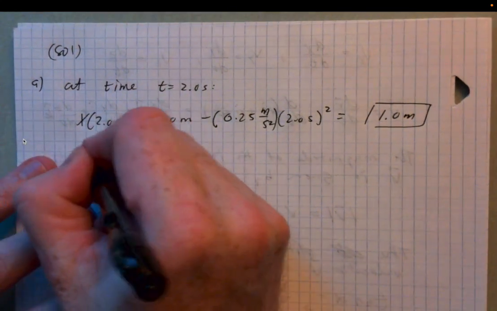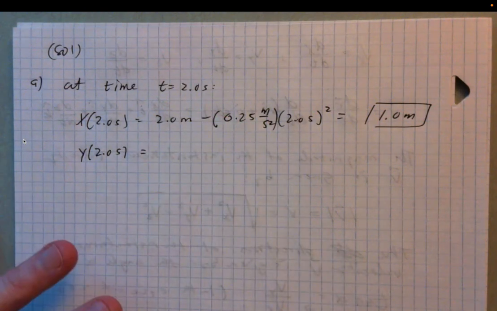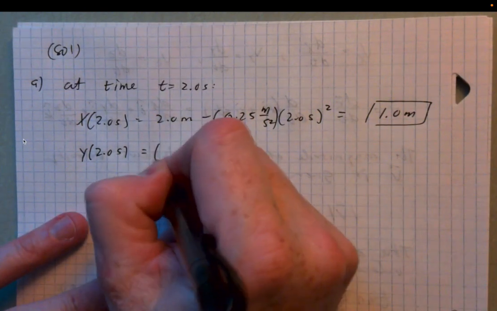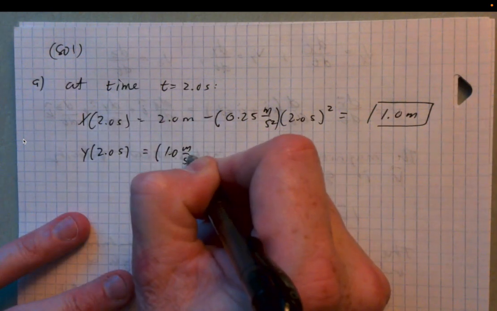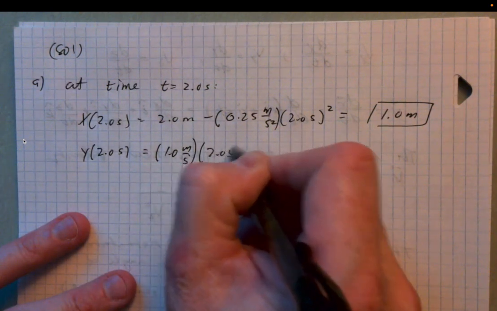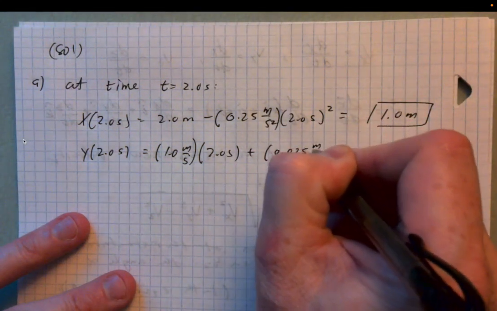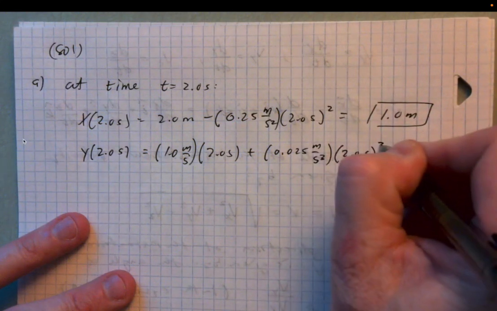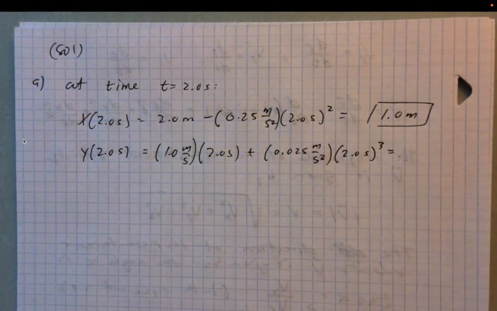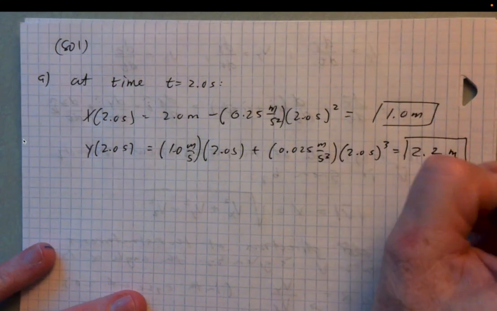Now what about the y coordinate at the same time? Well, it's the same exercise, different expression though. So y at 2 seconds is equal to 1.0 meters per second times 2.0 seconds plus 0.025 meters per second cubed times 2.0 seconds cubed. And again, just crunch all that through your calculator and you'll get 2.2 meters.